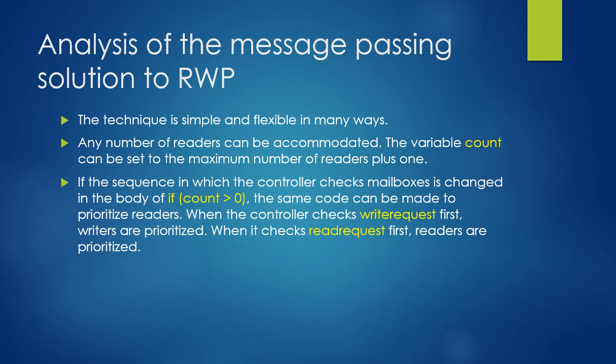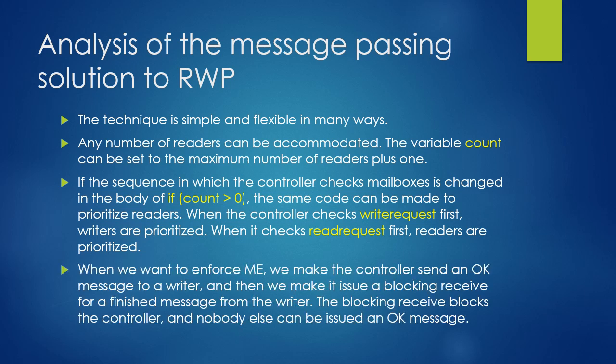When the controller checks write request first, writers are prioritized. But when it checks read request first, readers are prioritized. So if the controller first checked finished, then the read request mailbox, then the write request mailbox, you would have the same code, but you would be prioritizing readers.